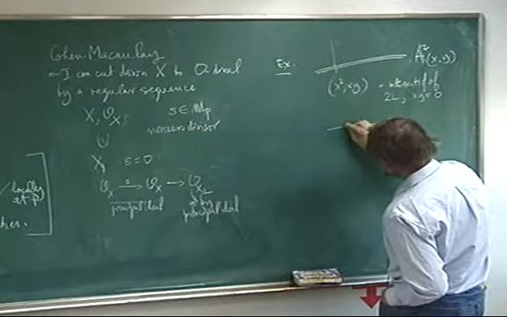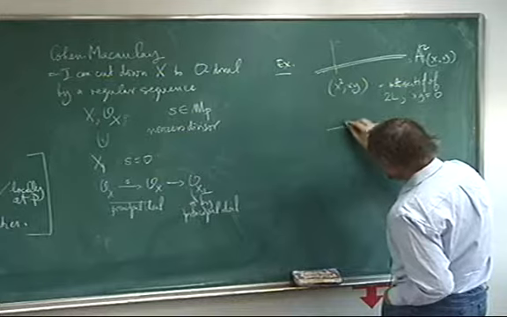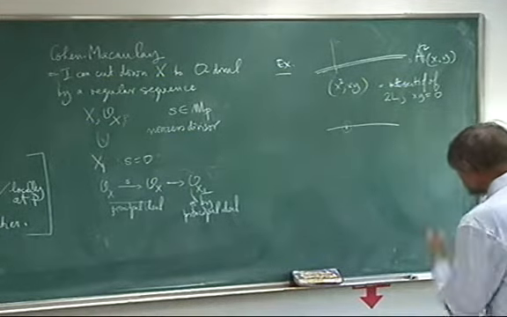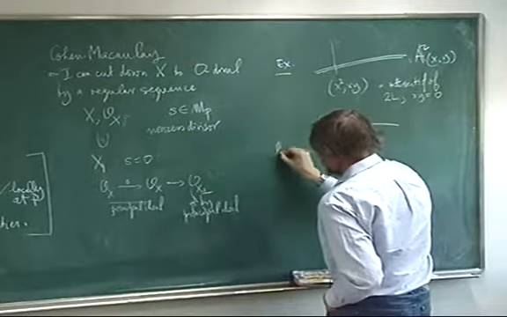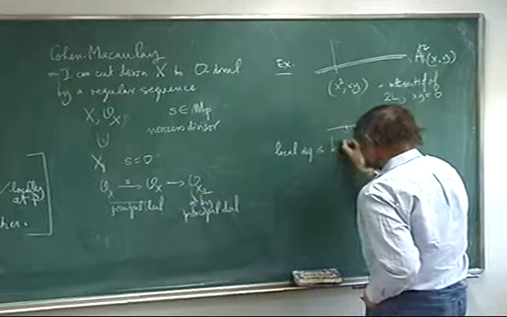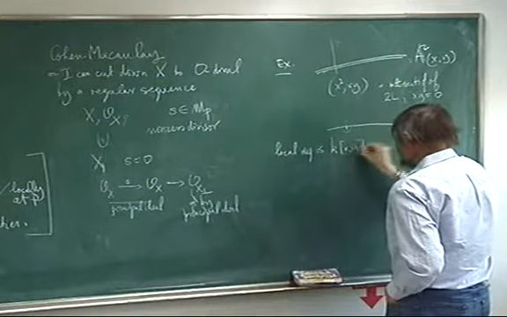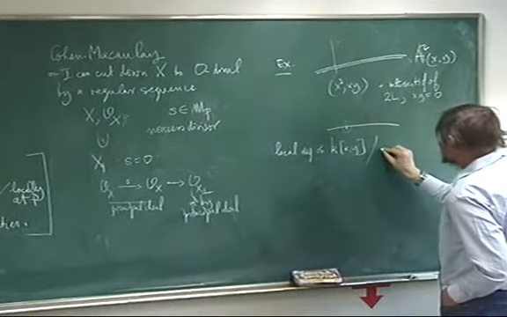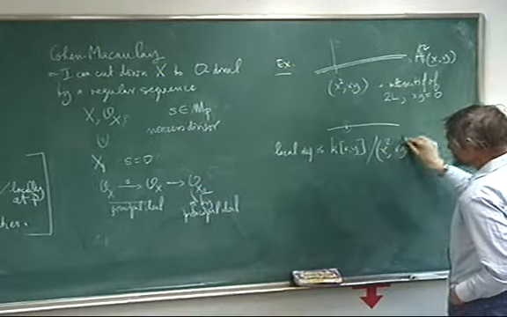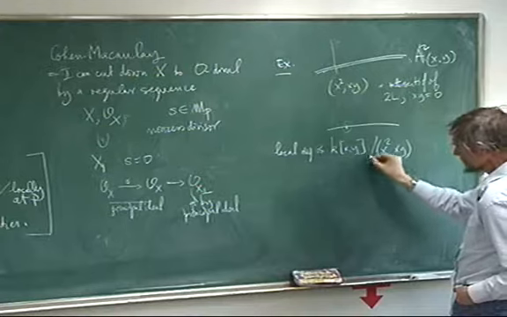However, at the origin there's still this little piece of infinitesimal mess sticking out. So the local ring is k[x,y] divided by (x squared, xy), localized at the origin.